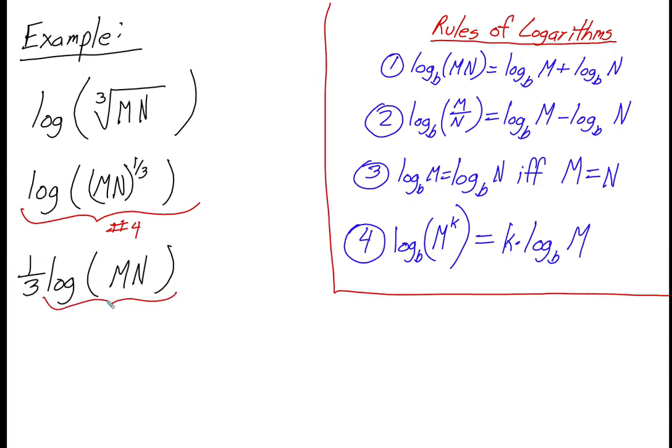This, according to rule number 1, becomes the log of m plus the log of n. But remember, this 1/3 was being multiplied by that whole thing. So this whole thing is then multiplied by 1/3. So it works in this direction too.